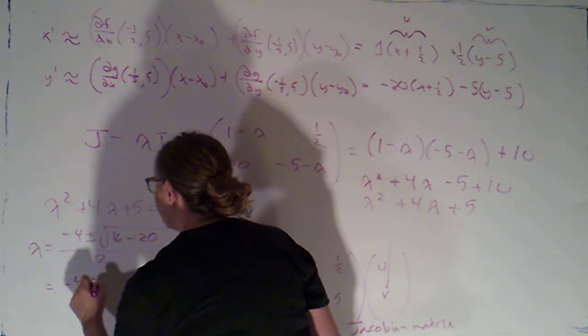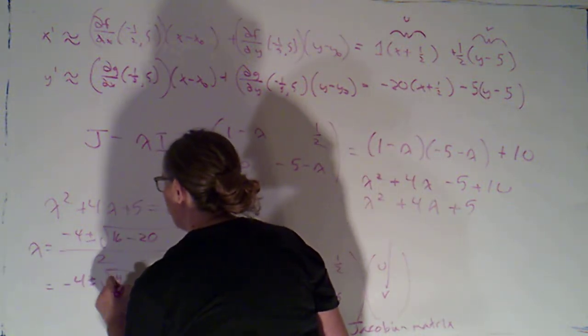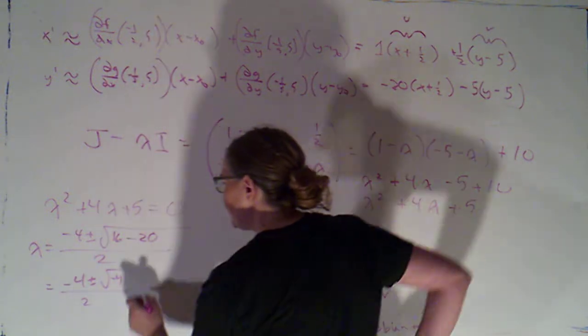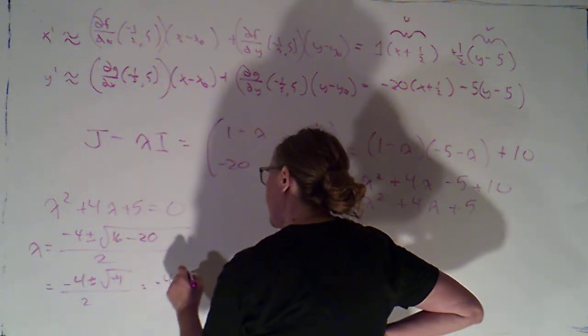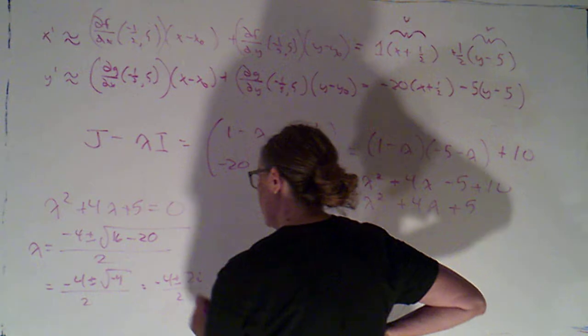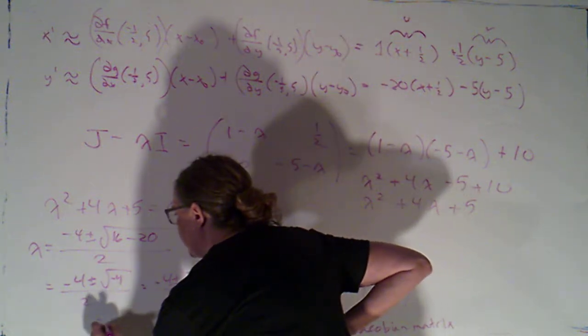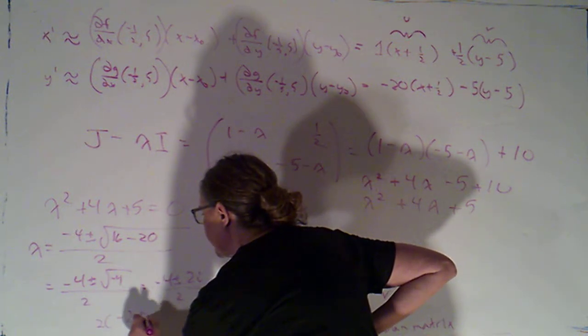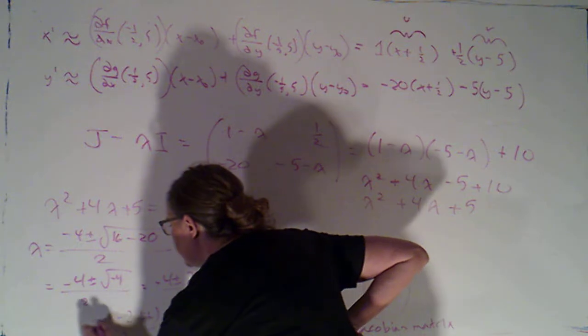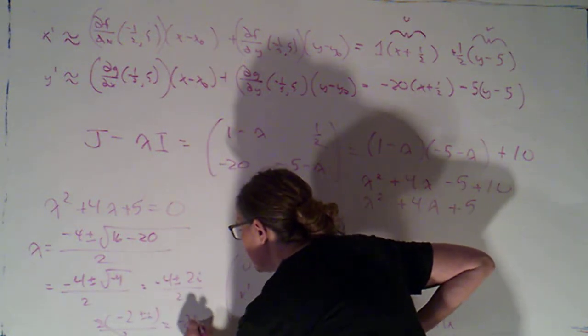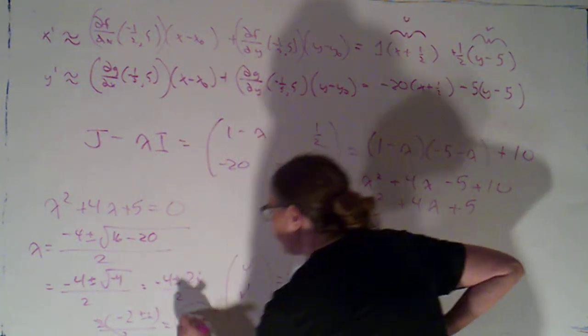It's -4 plus or minus the square root of -4, all over 2. That's -4 plus or minus 2i over 2. I'm going to just factor out a 2 on the top, so that's -2 plus or minus i over 2. Those cancel. I get -2 plus or minus i.